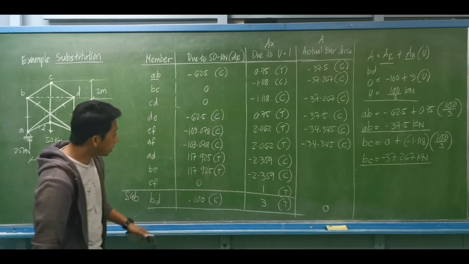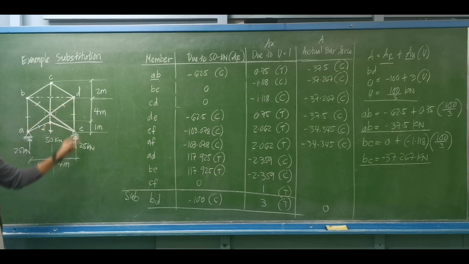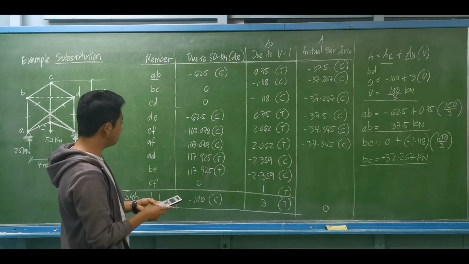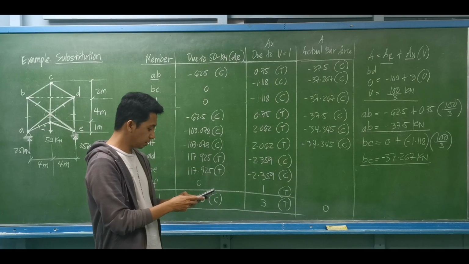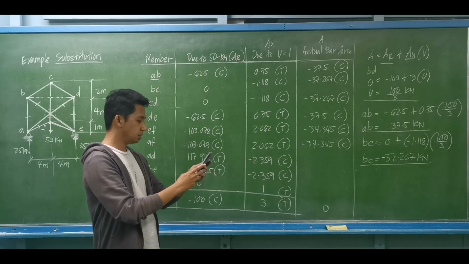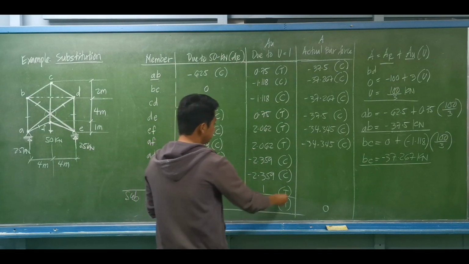Then we have member AD. So AD, which one is that? This one. We have this equal to 117.925 plus A sub U, that is negative 2.359 multiplied by 100 over 3. So we have the value of 39.292.